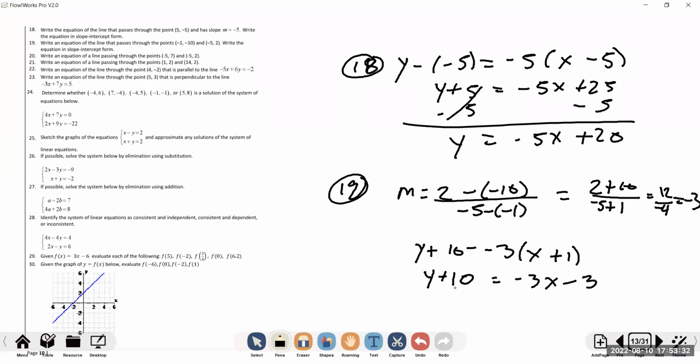I wish my eraser was a little thinner on this. And we get the same answer. All right.